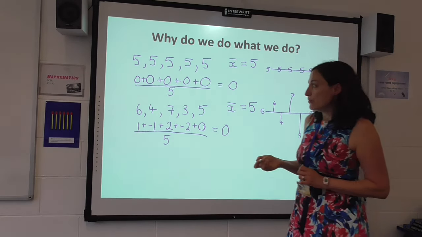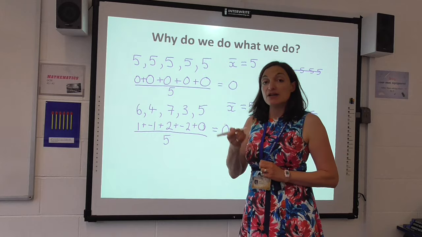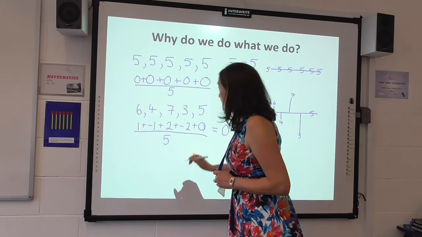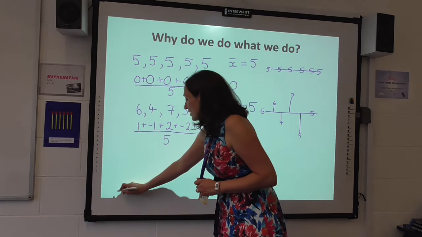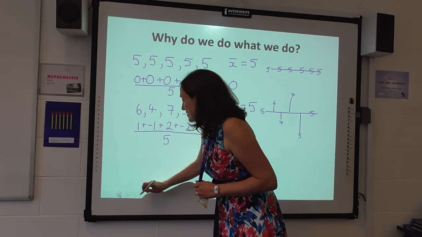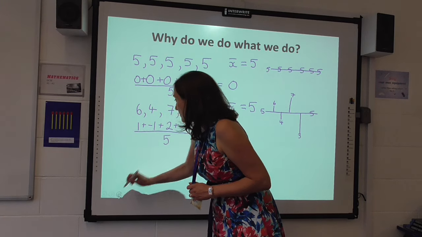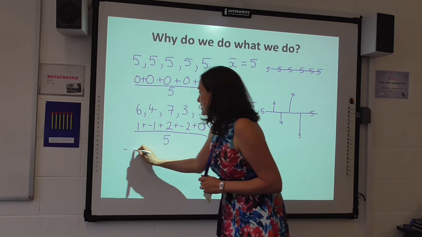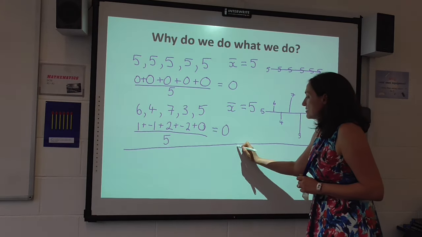So what we do is we say, well, okay, what we're going to do is we're going to square the differences. So if we look at the 5, 5, 5 list, if we want to square the differences, then what we would have is, if I draw a line there, it might be easiest.